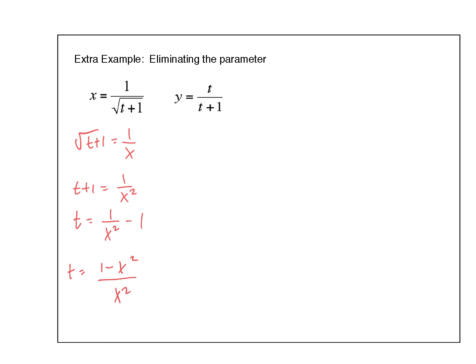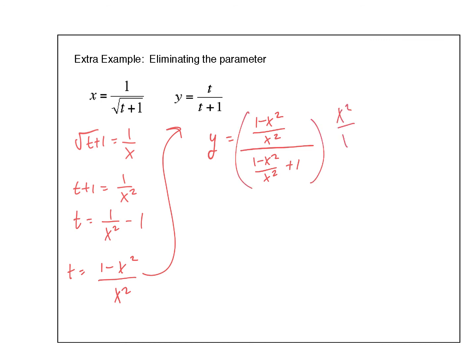So now I'm going to take that and put it into my y equation so I can remove my t. So y equals 1 minus x squared over x squared, all divided by 1 minus x squared over x squared plus a 1. So I have this messy complex fraction. So I'm going to multiply the whole thing by x squared over x squared, removing those little denominators, as I've always referred to them.